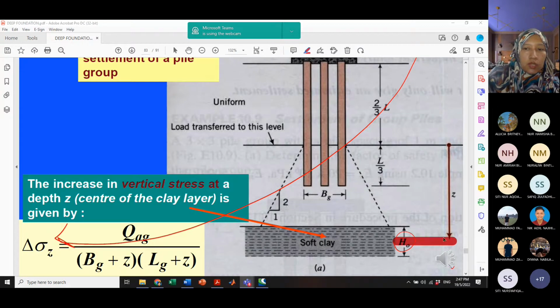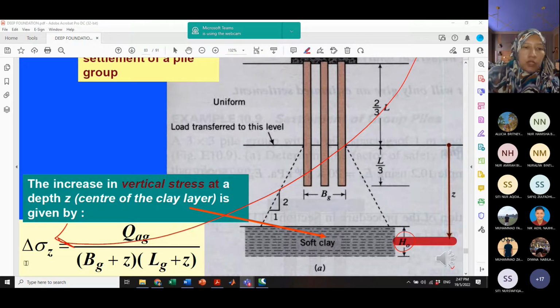That is what we call Z. So if you look at its stress distribution in 1 to 2 under the block failure condition, the load is transferred from this particular point for the pile group. So just now we estimated 2/3 L, and then the remaining part is used to determine the increment of the vertical stress at the center of the clay layer as given here.